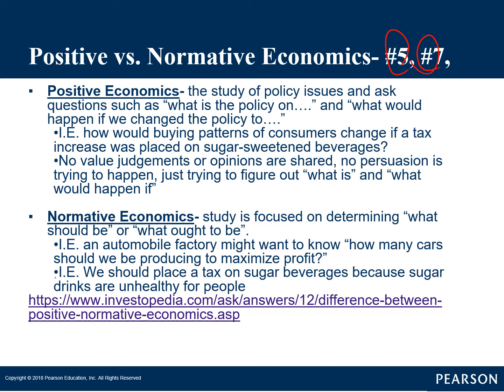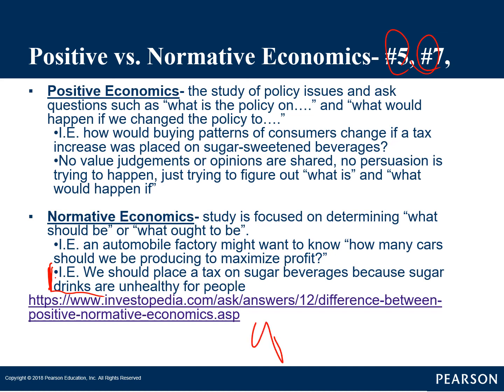This last one is a good example. They would say, we should place a tax on sugar beverages because sugar drinks are unhealthy for people. So they try to manipulate the market based on how they think the world should be, or what could be in the best interest of consumers or producers.